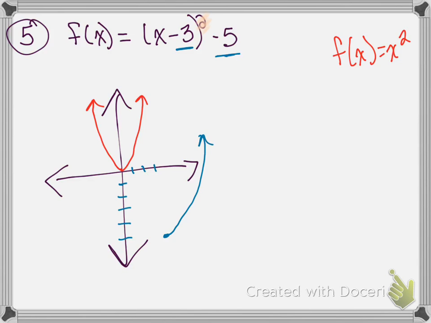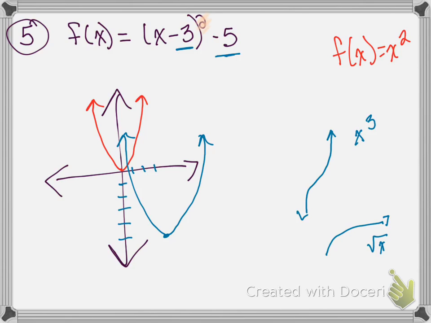And we did have kind of a list of parent functions. X squared is a popular one. This function right here is cubed. That's the parent function, x cubed. This is the square root of x.